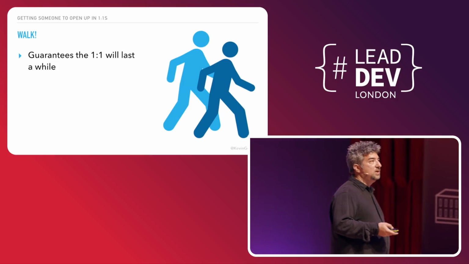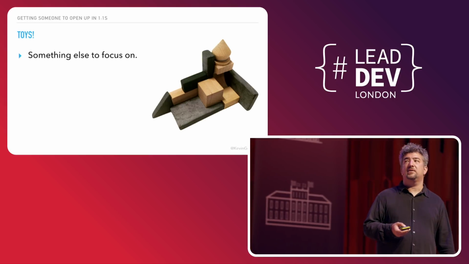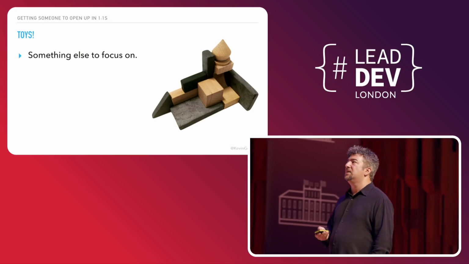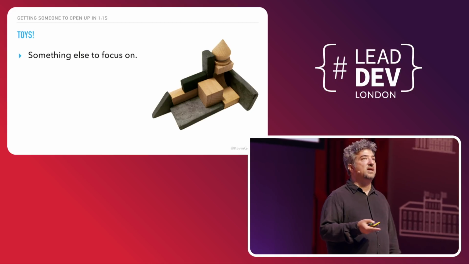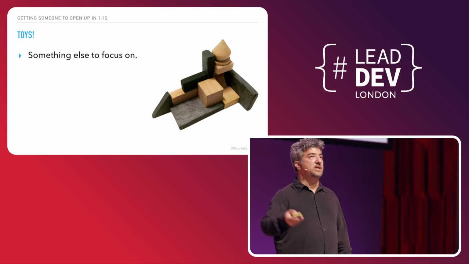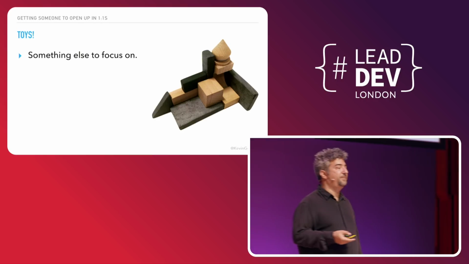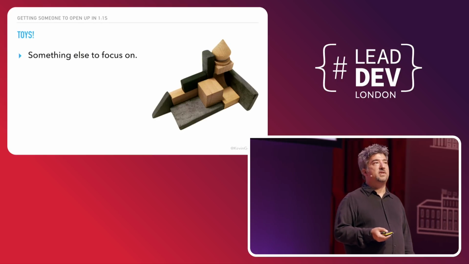Another thing I do is toys. Toys are awesome. I learned this from child psychologists. So in my last job, I was a CTO. In my office, I had a conference table. That's where I did my one-on-ones. On my conference table were toys. In fact, these toys here. And they were just there. I didn't tell anybody to do anything with them. They just happened to be there.